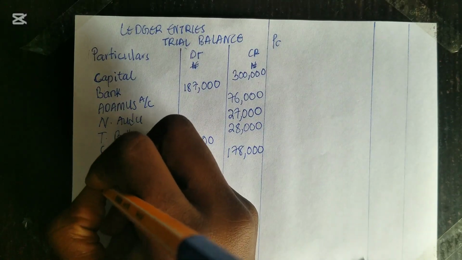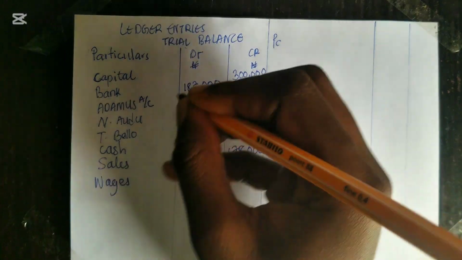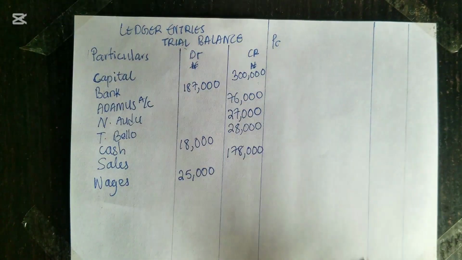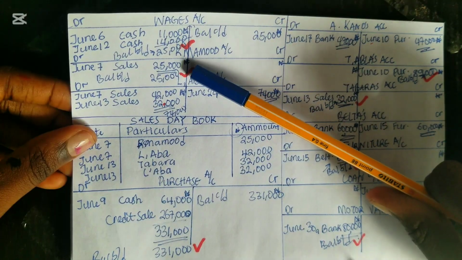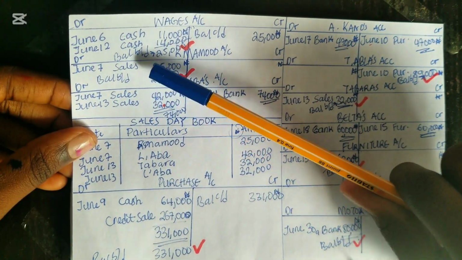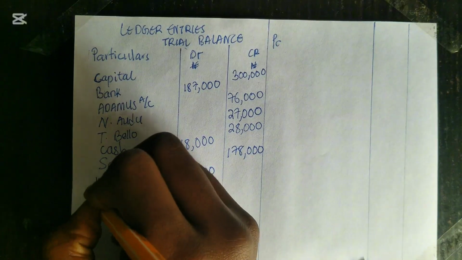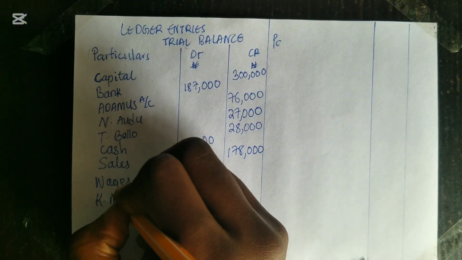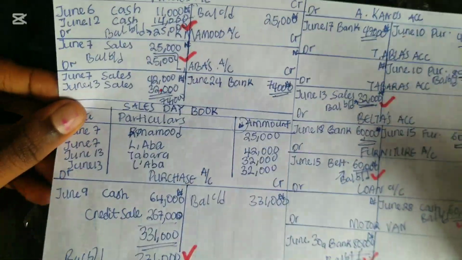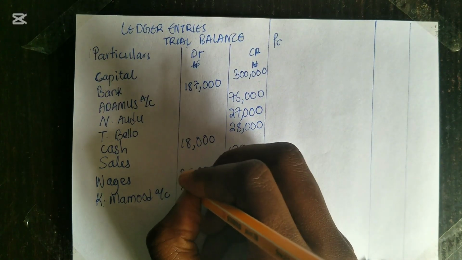So we have wages on the debit side, 25,000. After wages is what? K Mahmood's account. K Mahmood's account, you have a balance brought down on the debit side. So write K Mahmood's account, and it's how much? 25,000.